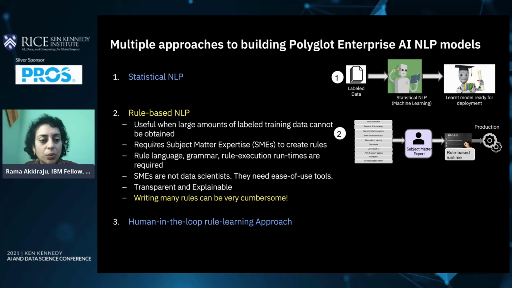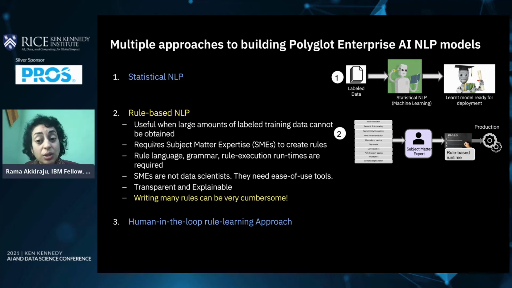But you have to expose that rule language, grammar, execution, and run times associated with those rules, and manage all of that. SMEs, subject matter experts, that is, don't tend to be data scientists, and they need a lot of tools to write instead of that complex vocabulary and grammar. Now you're asking them to learn a new language to help AI learn better recognition of those different languages.